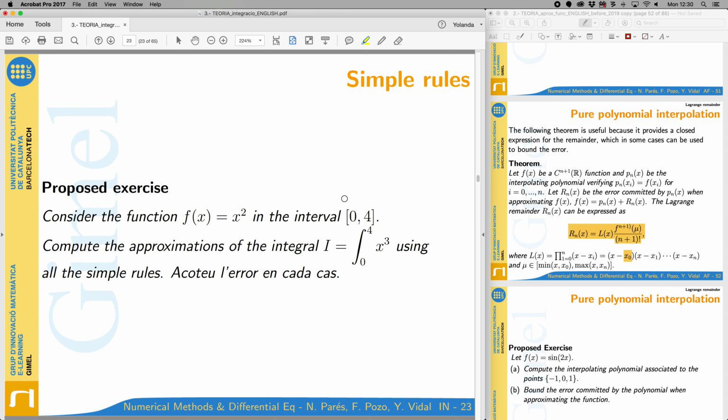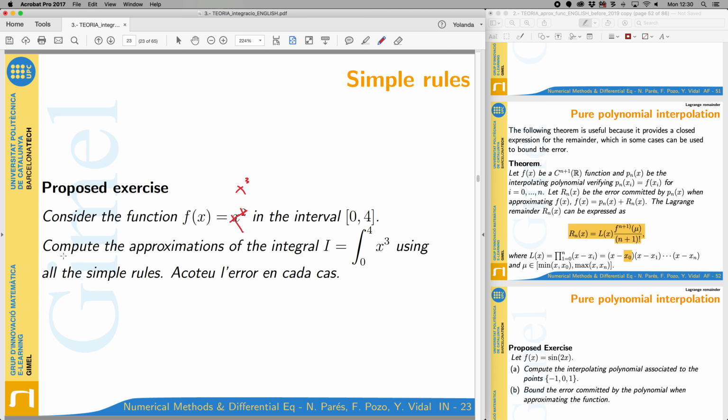Now, I would like to do an exercise to make sure we understood what we are talking about here. Let's consider the function x cubed, x to the power 3, in the interval 0, 4.